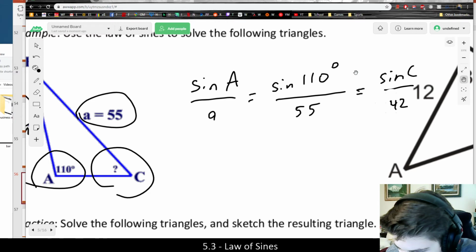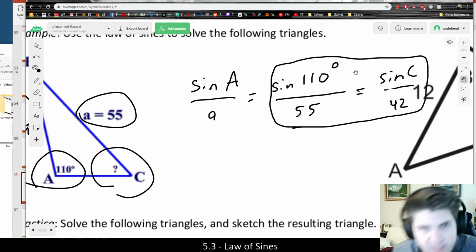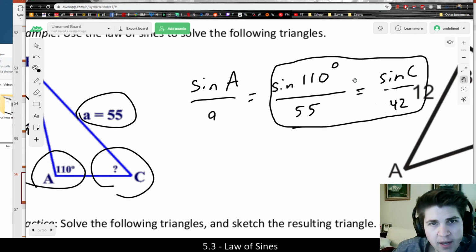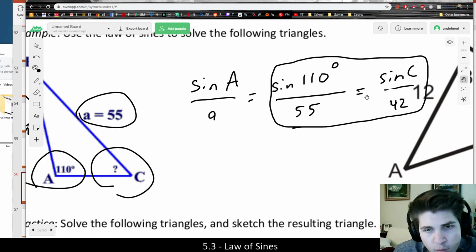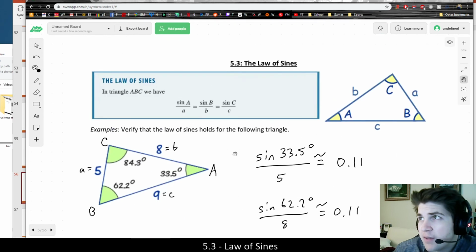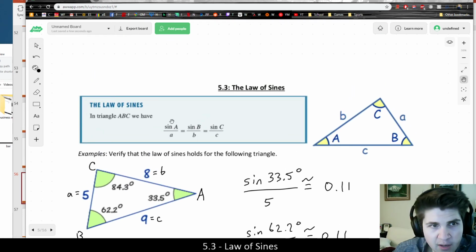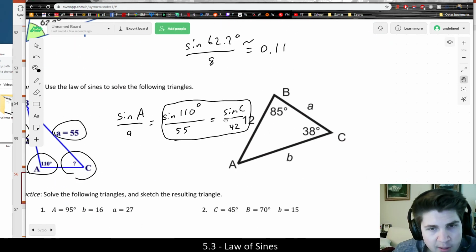What I get is that the sine of 110 over 55 must be equal to the sine of C over 42. And basically, I'm using the law of sines to start off because they're all three equal. It's kind of like I'm taking two pieces of this equation to start: sine A over A equals sine C over C. And this presents me with an equation with, well, notice there's originally 4 unknowns.